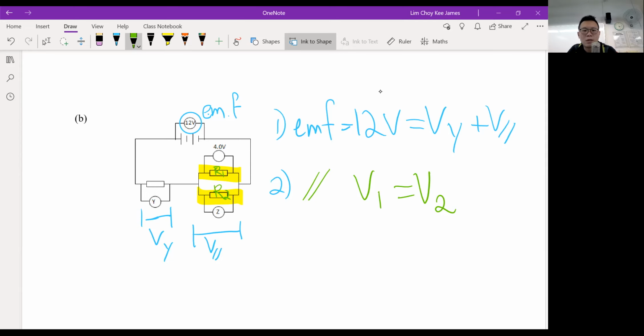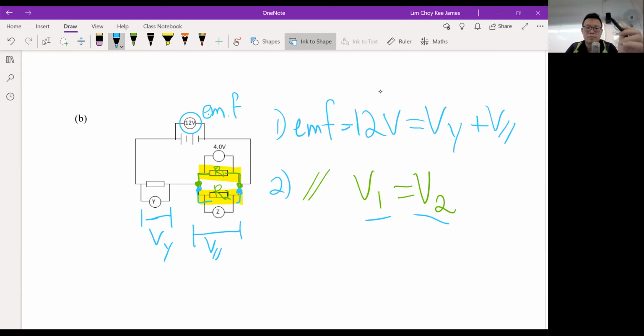Because R1 is across these two nodes, these two points, the potential difference of R2 is also across the same two points. Since the two points are the same points, the potential difference across 2 and across 1 will be the same thing.